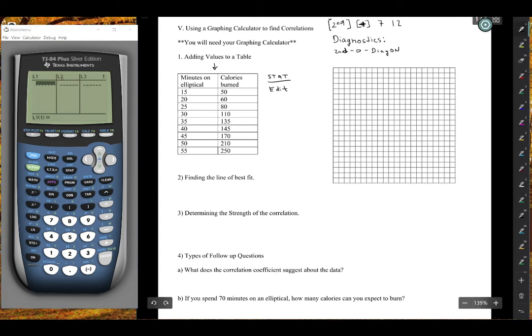Basically, in the first column, in list 1, we're going to type all those numbers: 15 and 20 and 25 and so forth. Please be doing this with me as you go through.